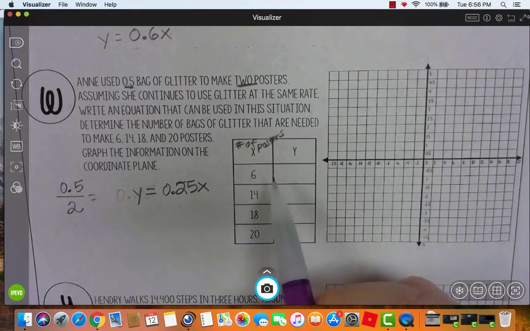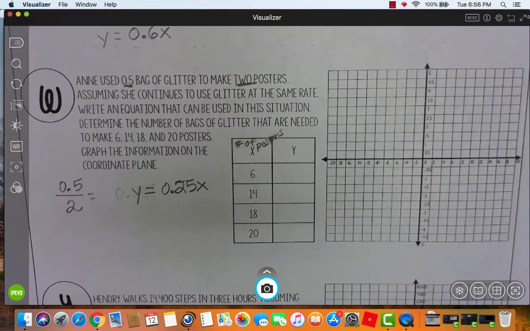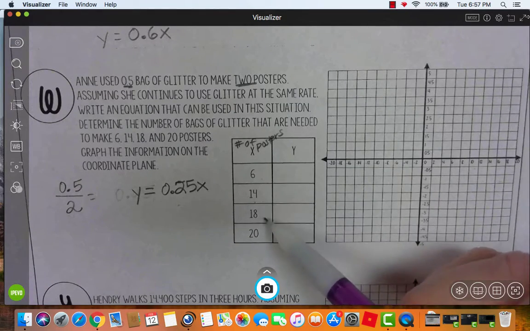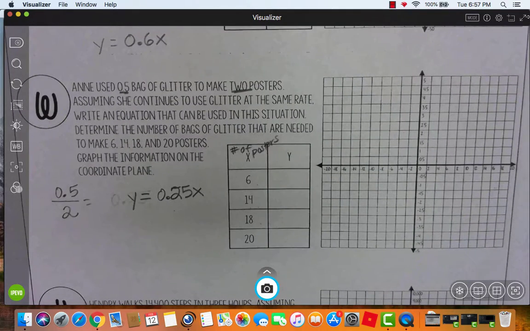So 0.25 times 6, 0.25 times 14, 18, and 20 to figure out how much glitter you need for this many posters. 6, 14, 18, 20. And then you need to do the last one on your own. And once you have these done, the left and right is on the board. It's been posted for you, so you see where your papers need to be taped in and go. Once you have done this and I have checked it and it's correct, you'll be ready for your prove it. Okay? Good luck.